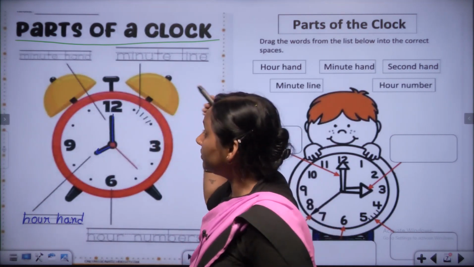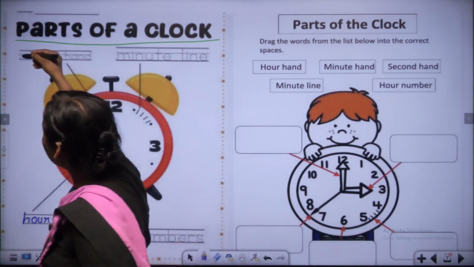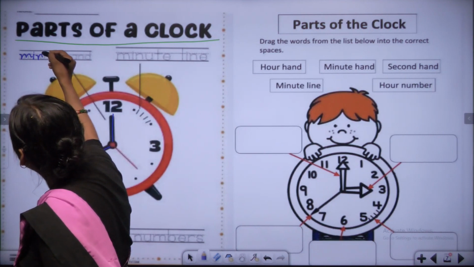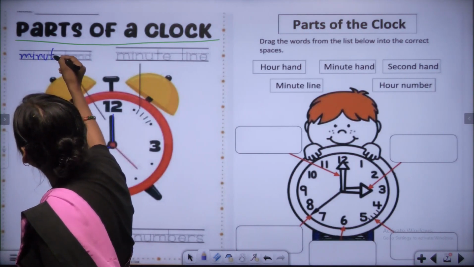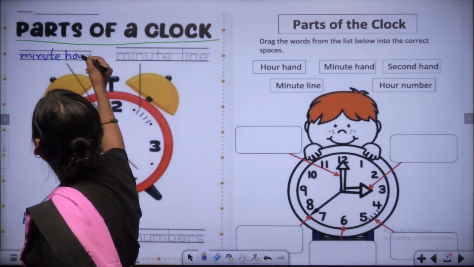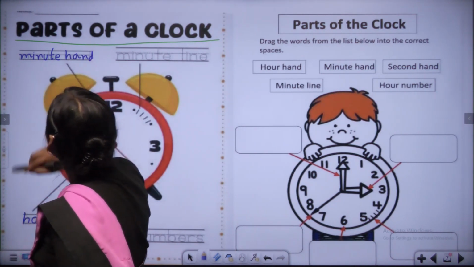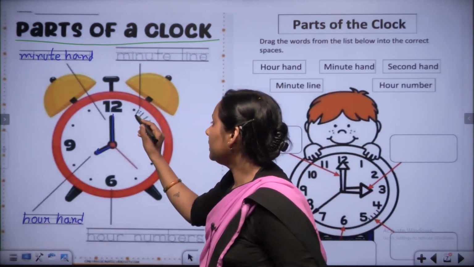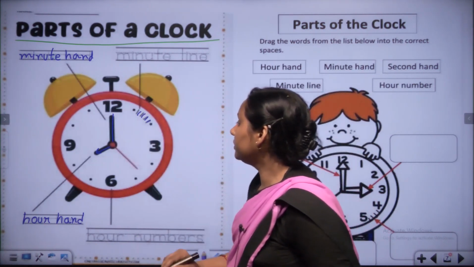Okay. And this is long hand. What do we say? Minute hand. Okay. MINUTE. Minute. And HAND. Minute hand. Okay. And this one is lining. Okay. 1, 2, 3, 4.